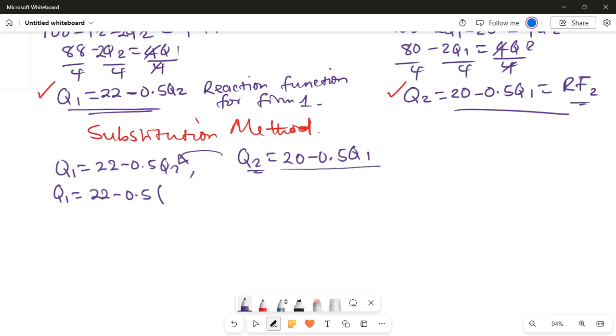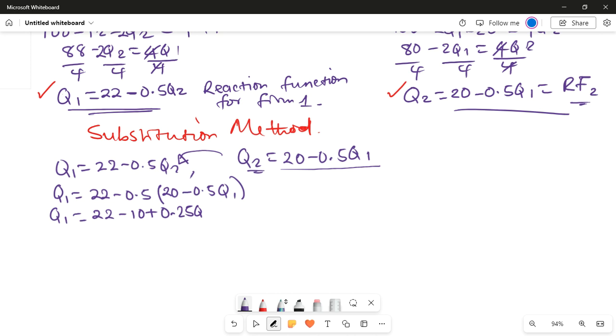We're going to put that, which is 20 minus 0.5 Q1. Then we open the brackets, so it's going to be 22 minus 0.5 times 20 is 10, right? The negative times negative there is positive. Then 0.5 times 0.5 is 0.25 Q1.